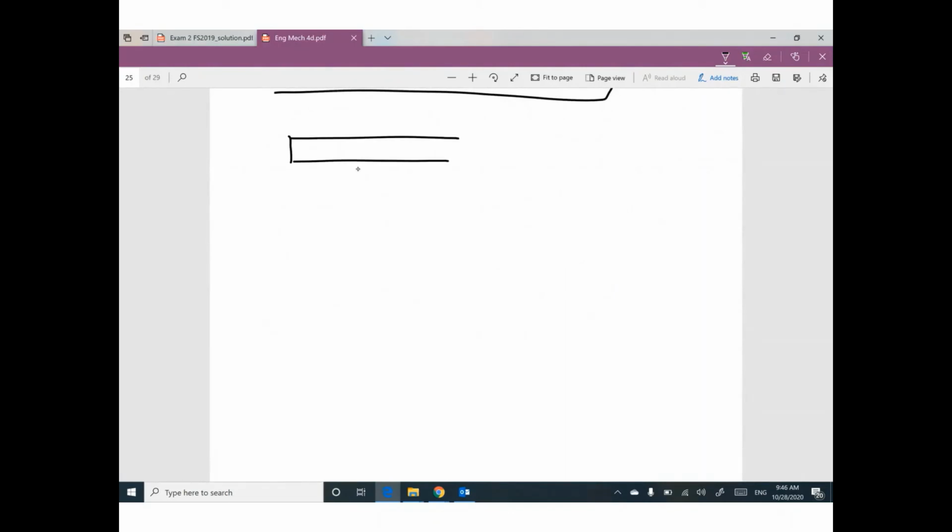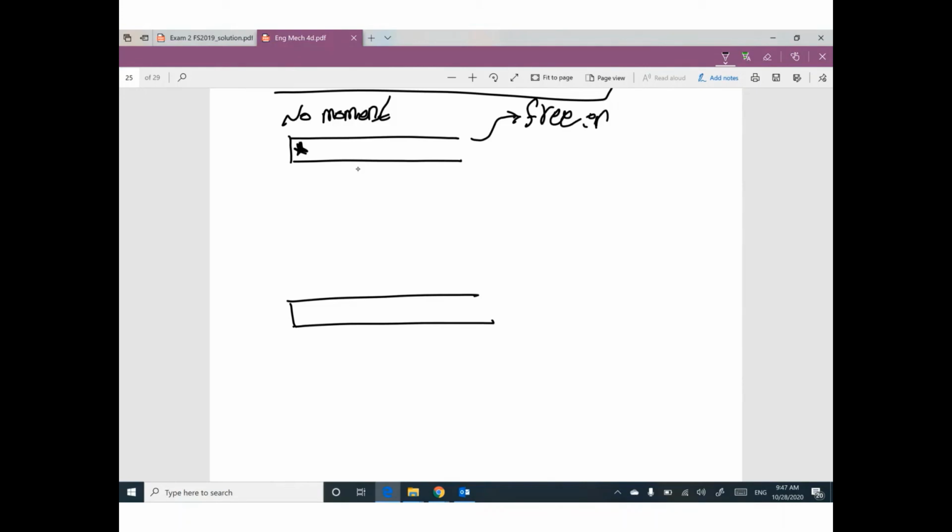The first situation: no moment at this point, for a free end. If you have a hinge support or a roller support, we don't have moment at this location on the left side, so your moment here is 0.